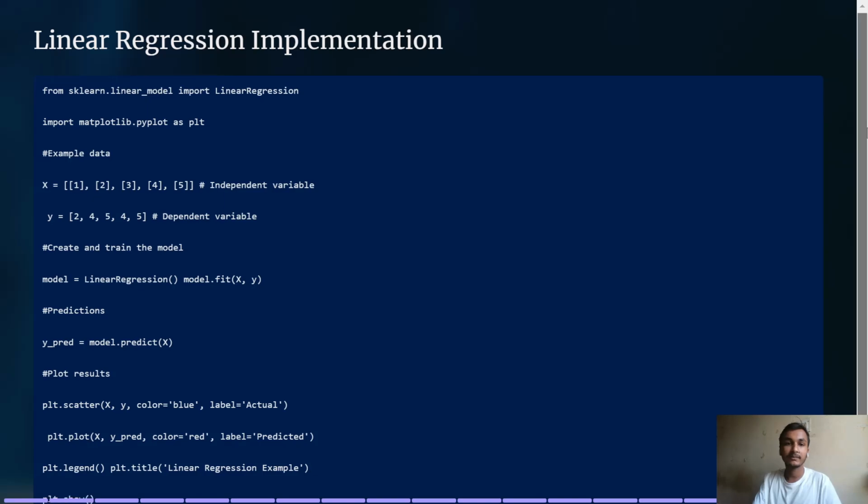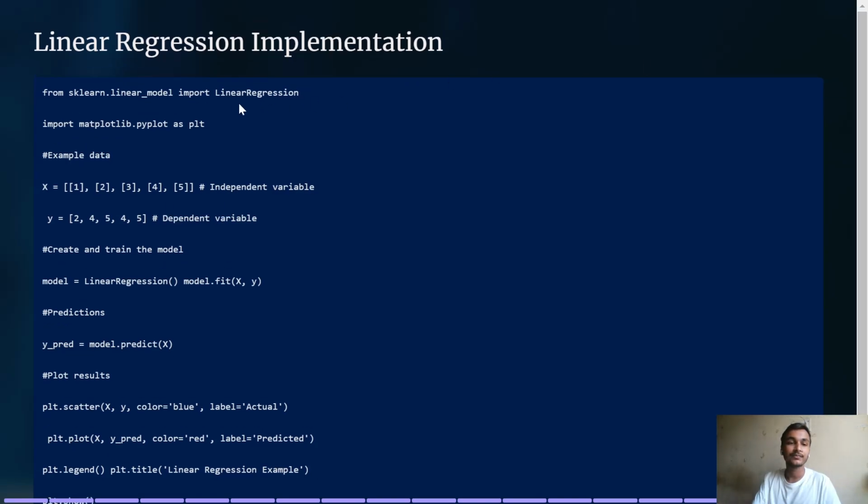Okay, let's have a look at the sample code of linear regression. First, we are importing linear regression from sklearn.linear_model for training the model. Then importing matplotlib.pyplot as plt for plotting. Then this is the sample dataset in which x is the independent variable and y is the dependent variable.